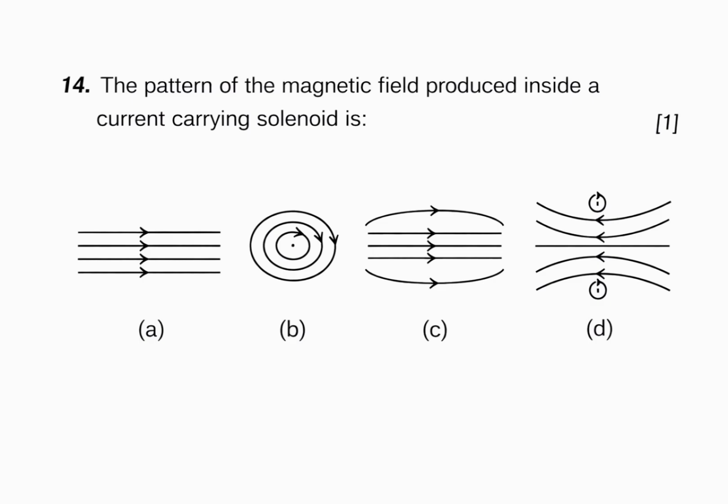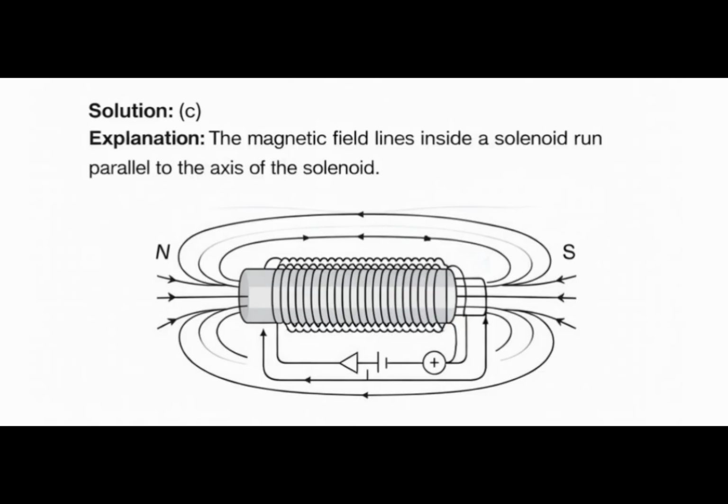Now, before choosing the answer, let us recall what is a solenoid. A solenoid is a coil consisting of many circular turns of a wire wrapped closely in the form of a cylinder. Okay. Now let us understand the magnetic field pattern. So you know the solenoid diagram. You can see in the picture around the solenoid the magnetic field lines are curved lines.